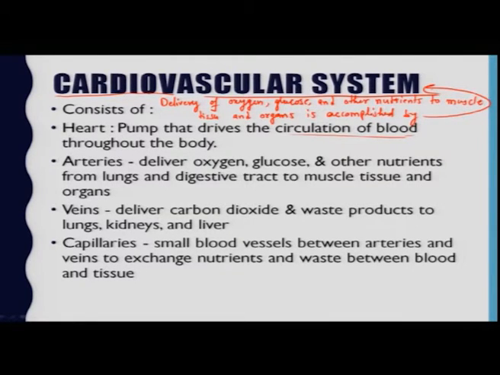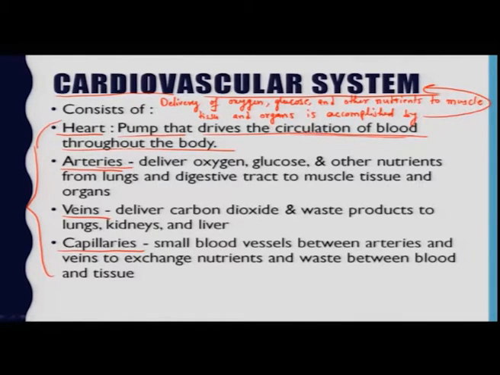This cardiovascular system consists of the heart, arteries, veins and capillaries. It is interesting to know the functioning of these parts, which as a whole build the cardiovascular system. The heart is the pump that drives the circulation of blood throughout the body.